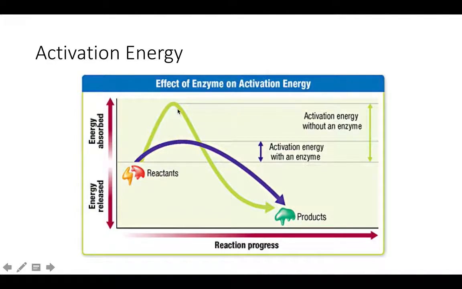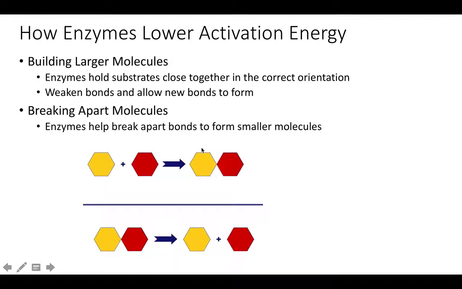Once you get over that hump, the reaction happens. Now, with the use of enzymes, you need a whole lot less energy, smaller bump, and you can get from the reactants to the products much faster because you're not waiting around to get all of that activation energy. That's how enzymes work.